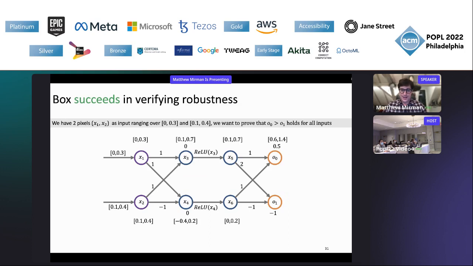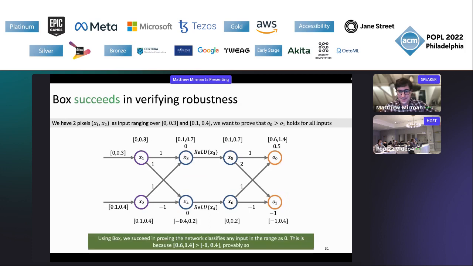I think there's a number missing there, and the slide value for O1 is not quite right either.